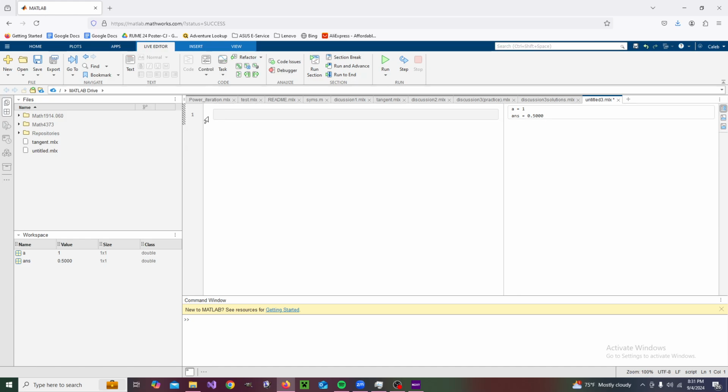However, because MATLAB is this really fancy computer thing, sometimes we have to give it instructions to do things that we want. So let's say we want to make a mathematical function, right? Well, a computer has its own idea of what a function is. If you Google computer function, it's going to tell you this fancy coding language stuff. But the point is, a computer has its own idea of what a function is.